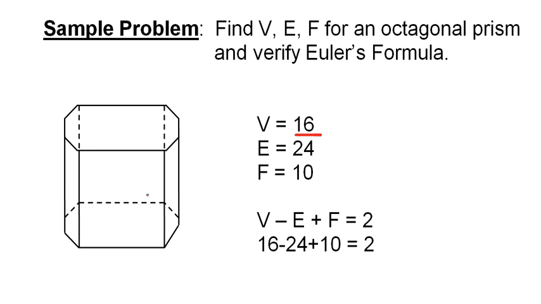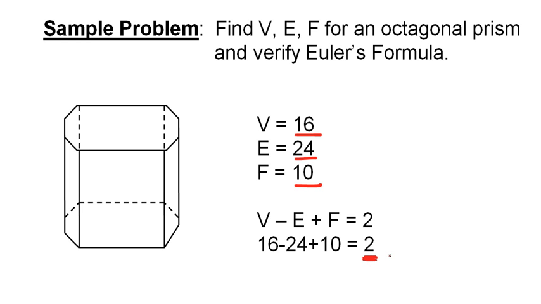So that actually is going to be 24. And then for the faces, I've got the 2 bases, and then because they each have 8 edges, I'm going to have 8 lateral faces for a total of 10. So if I put it into Euler's formula, 16 minus 24 plus 10 will always equal 2.